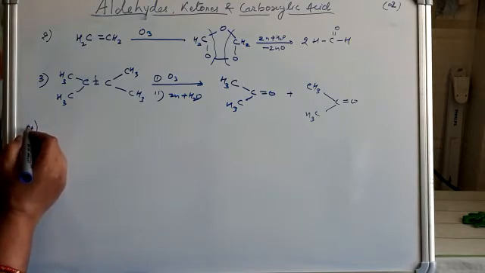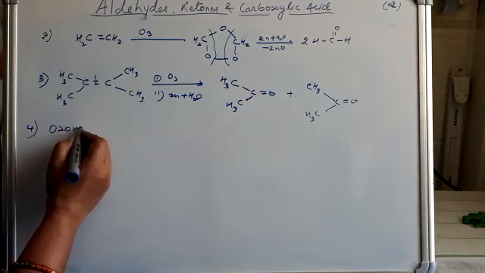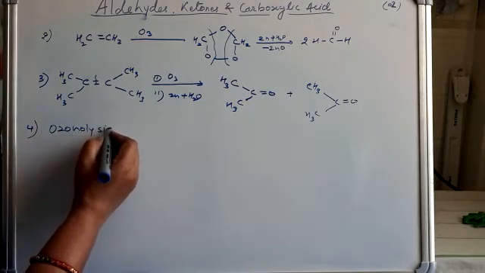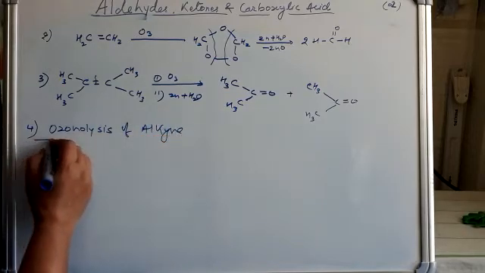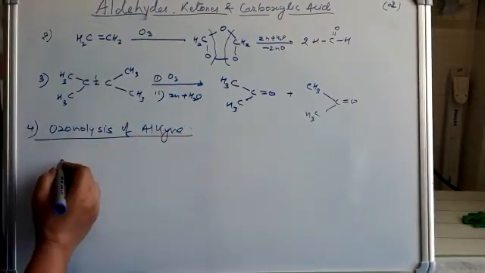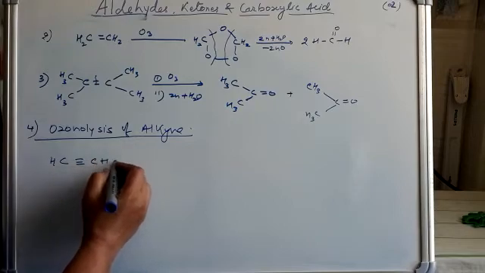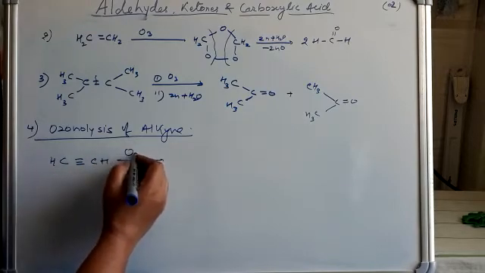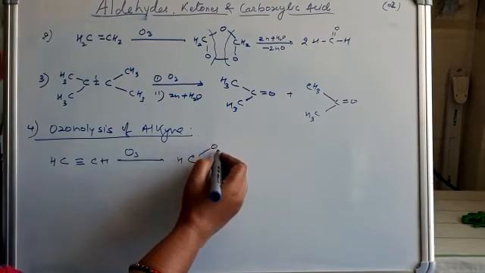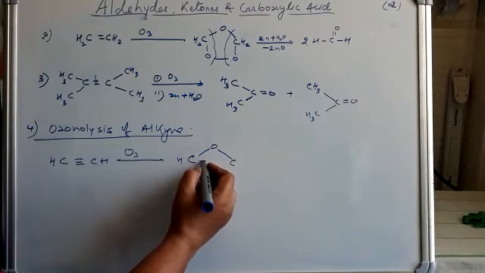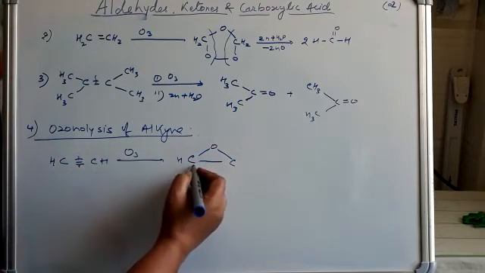Next method, number 4: ozonolysis of alkyne. Ozonolysis of alkyne gives only pi bond breakage, this and this; no sigma bond will be broken.